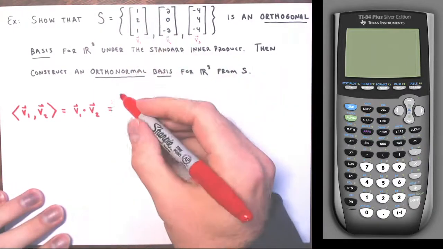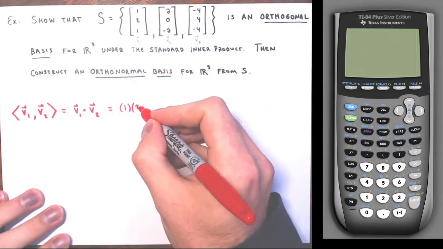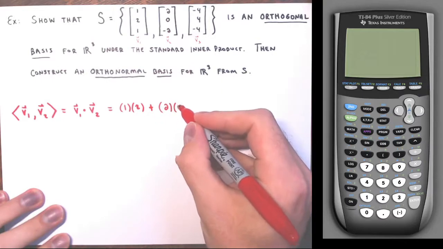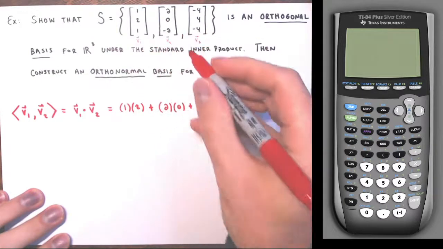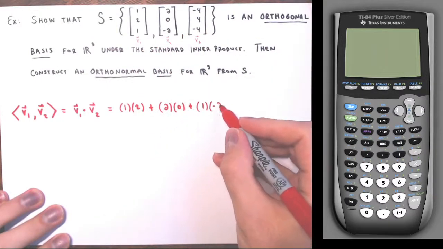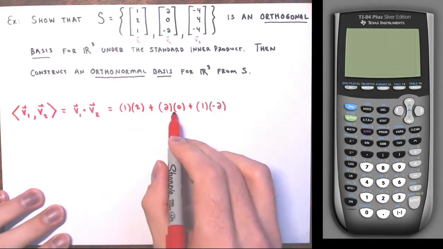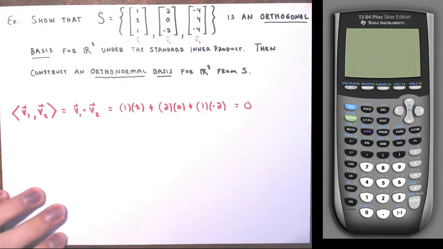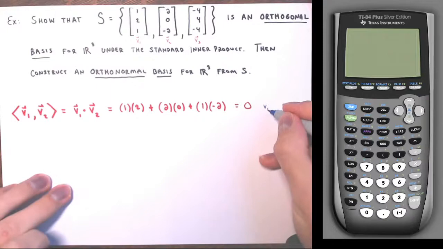So 1 times 2, plus 2 times 0, plus 1 times -2. That's 2 plus 0 minus 2, which is 0. So vectors v1 and v2 are orthogonal.